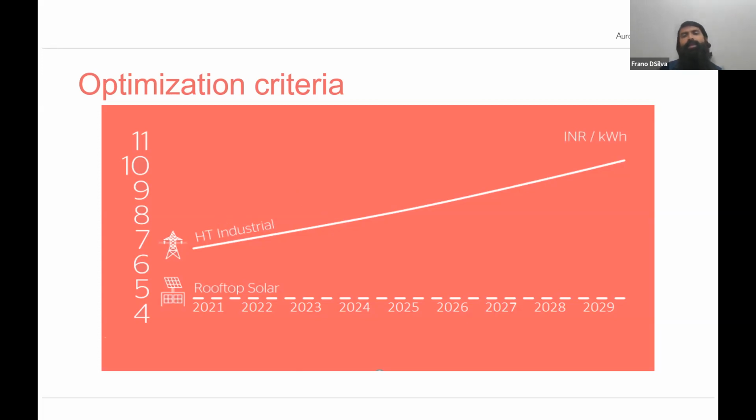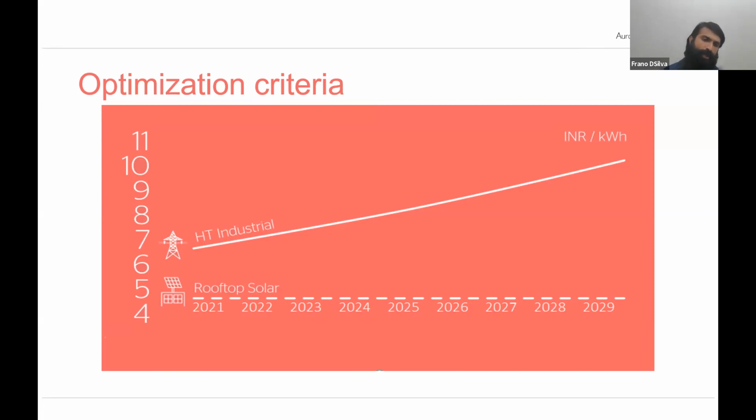And we are assuming a future where the HT industrial tariff will increase over a period of time in the coming years, following the trend it has followed in the past.